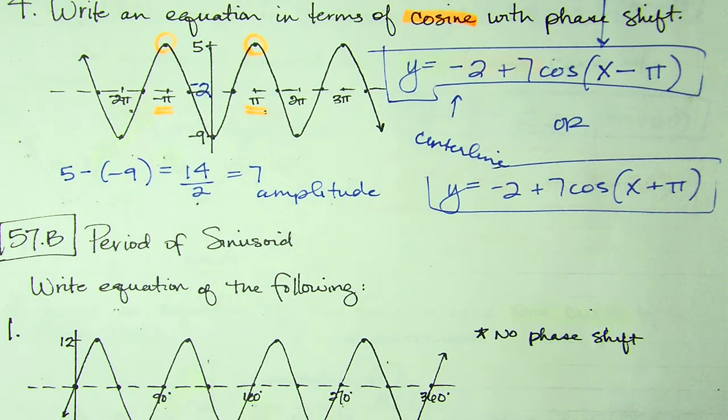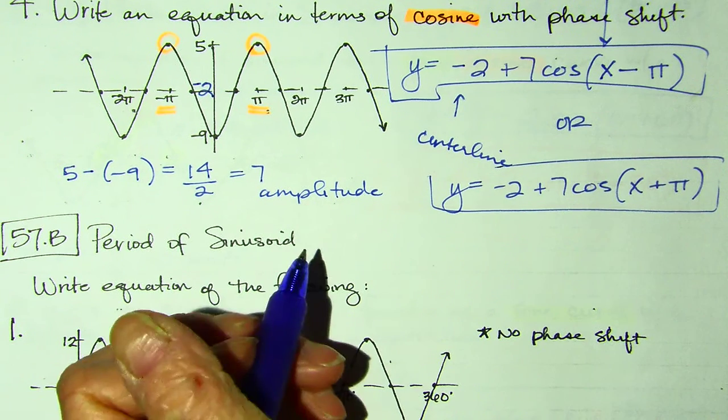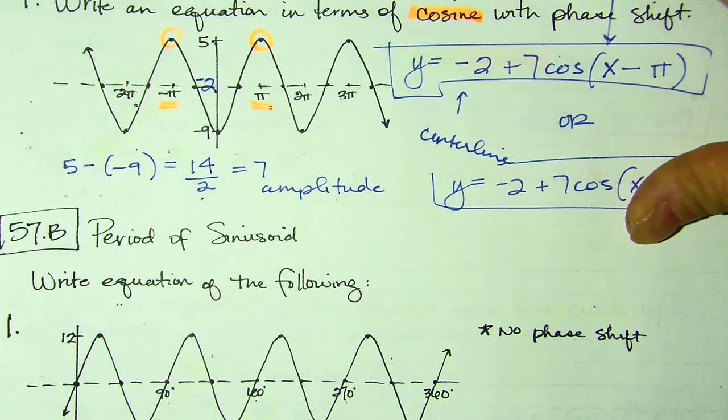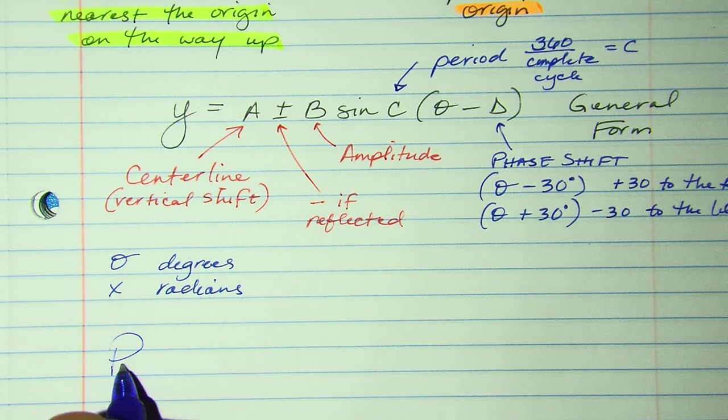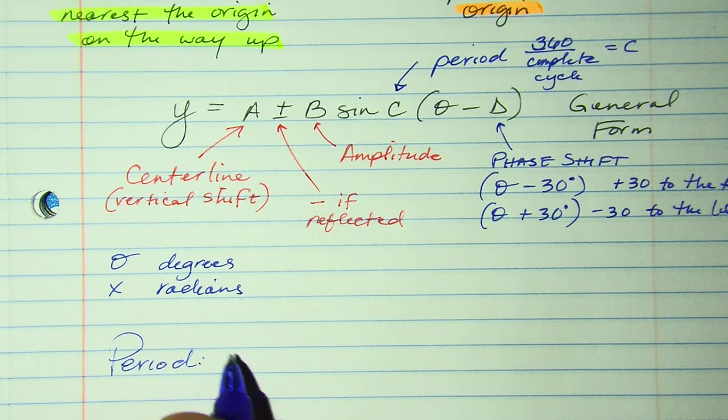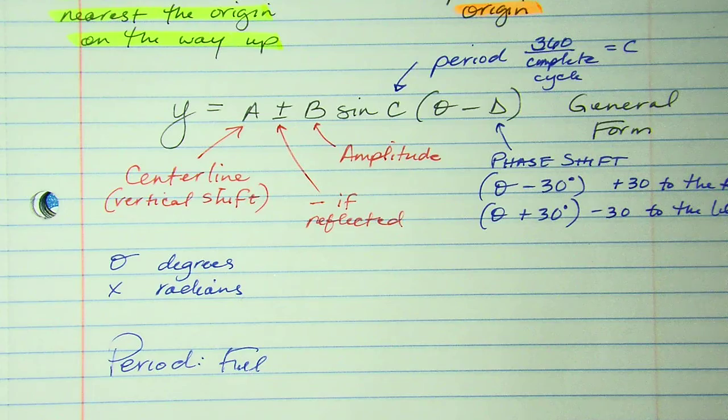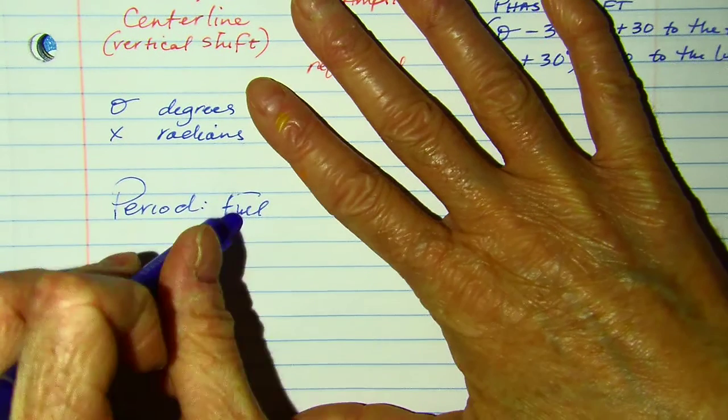All right, so the period of the sinusoid has to do with a complete cycle. So period is how many full cycles.